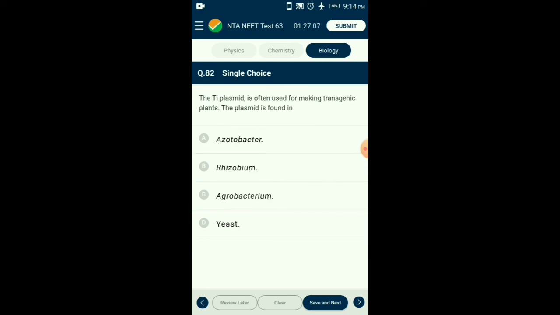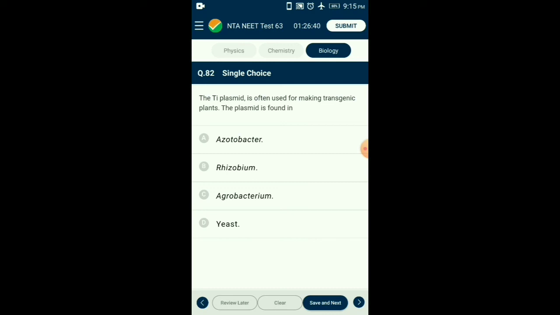Question number 82. The Ti plasmid is often used for making transgenic plants. The Ti plasmid, generally called the tumor-inducing plasmid, is isolated from the soil bacterium Agrobacterium tumefaciens and is effectively used as a vector for gene transfer to plant cells. The part of the Ti plasmid transferred into plant cell DNA is called T-DNA.